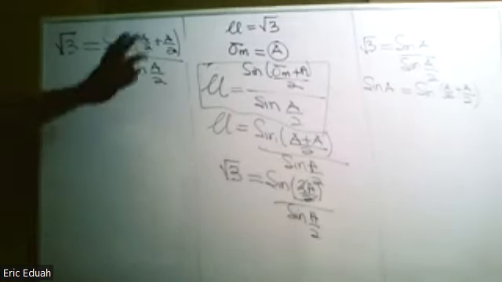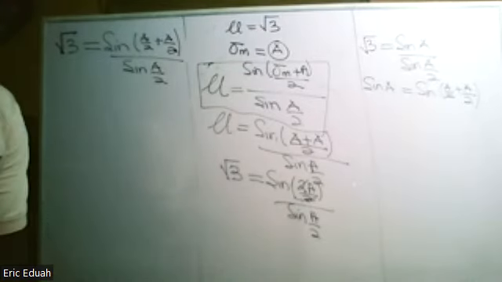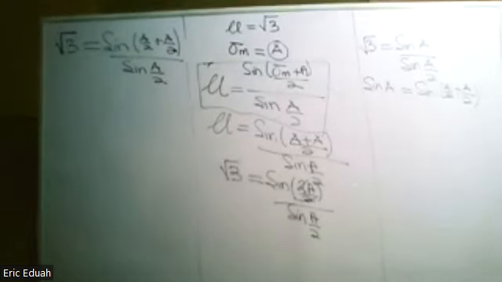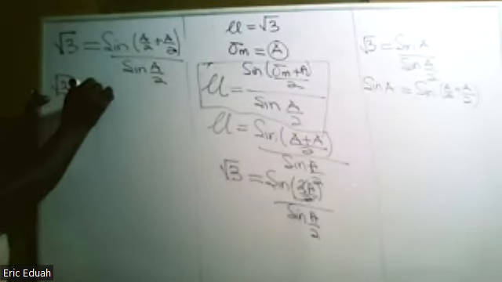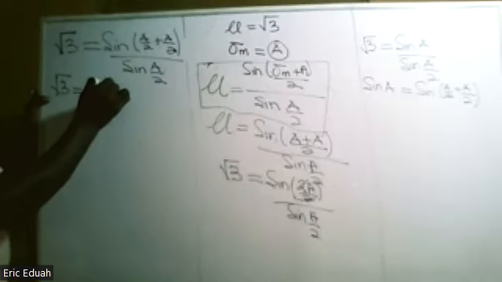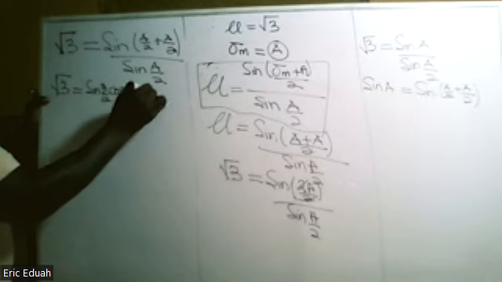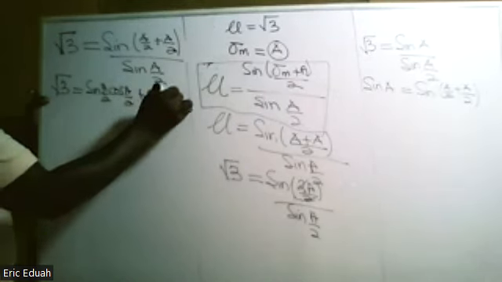From here, we use what we learned in trigonometry, expansion of compound angles, to expand the numerator. So the numerator would give us sine A on 2 cos A on 2 plus cos A on 2 times sine A on 2.